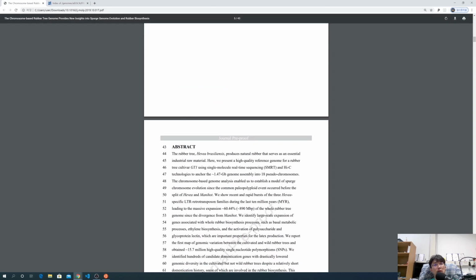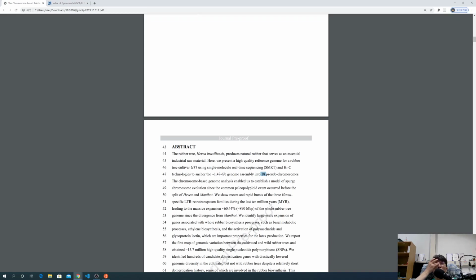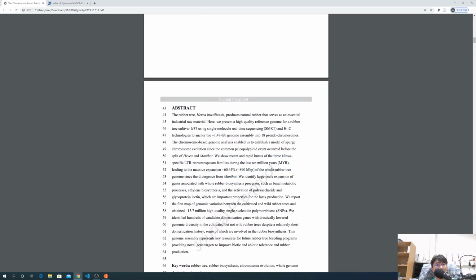So what they used was single molecule sequencing, PacBio, and Hi-C technology. So they were very successful with assembly. They assembled into 18 pseudochromosomes. And they profiled the repeat sequences again, and identified some expansion of gene families.